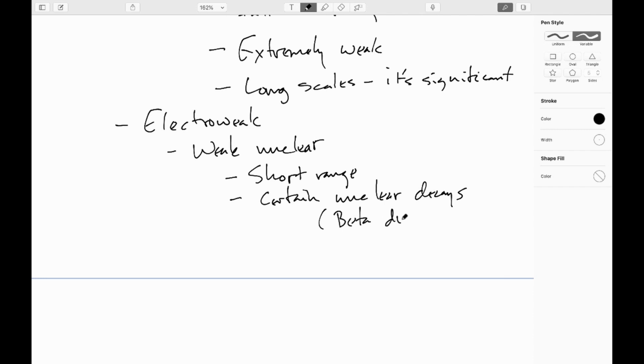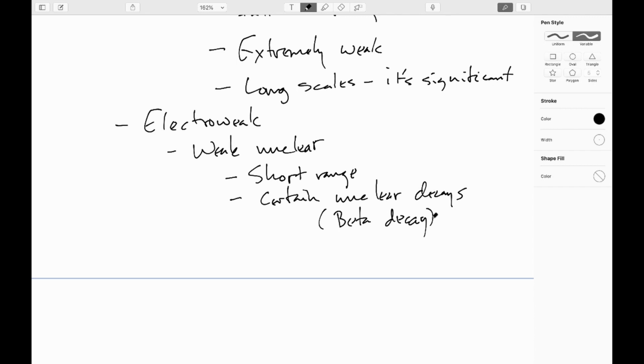Beta decay is at the basis of things like carbon-14 dating and stuff like that. Okay, that's about all I have to say about the weak nuclear force in this context.